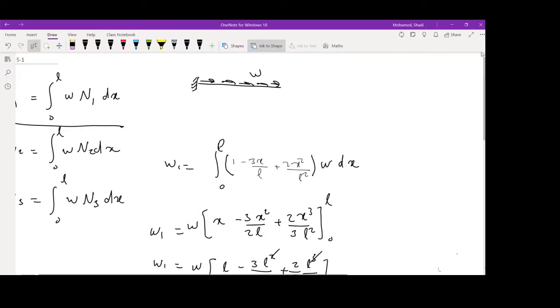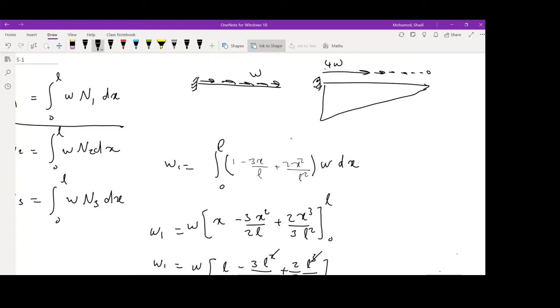So this is a uniformly distributed load, but if you have something that is non-uniformly distributed, so for example, you have a very large amount, say 4W, and then it is linearly decreasing, like a triangle, starting at 4 and reducing to 0, for example.